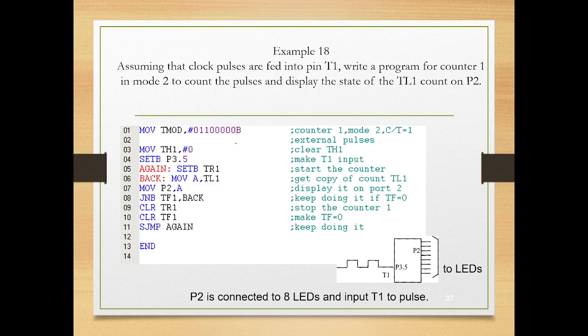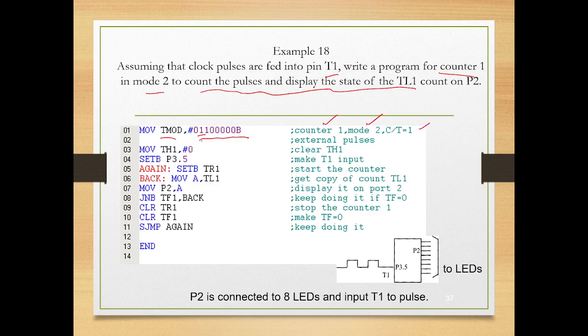Now let's see the program. Initially, the counter mode is set by sending this value into TMOD. This is the program which explains clock pulses fed to T1, and we are writing a program for counter 1 in mode 2, which starts counting and displays the count in TL1. So we are sending this value so that it enters into TMOD, selecting counter 1 and mode 2, with C/T equal to 1.